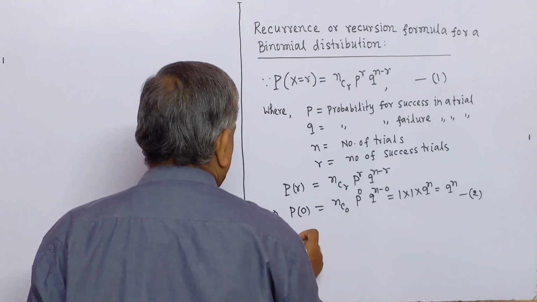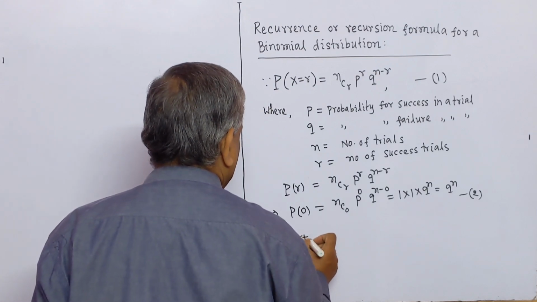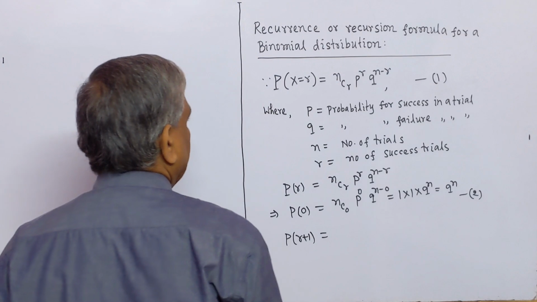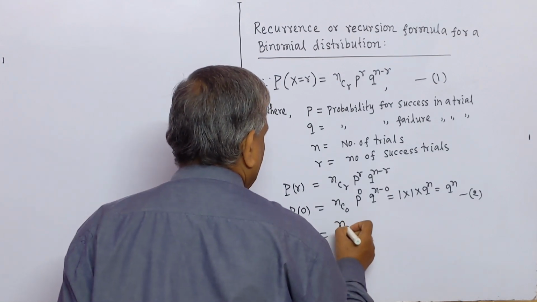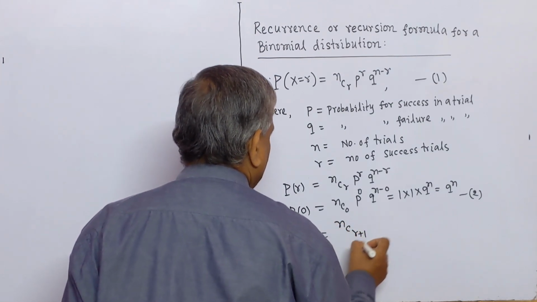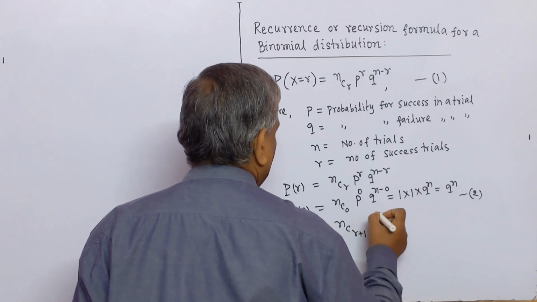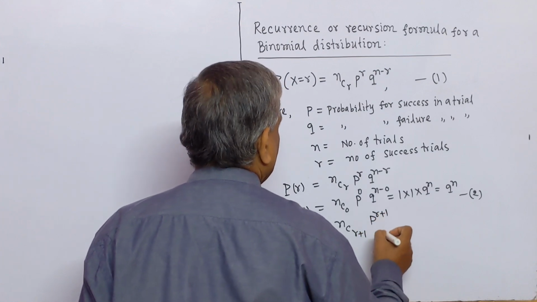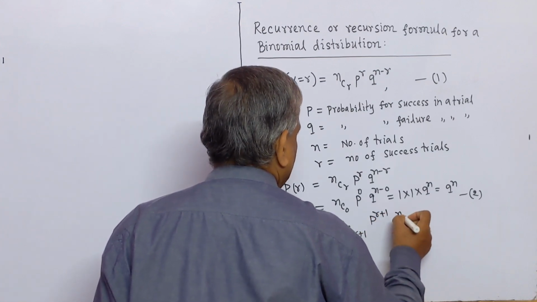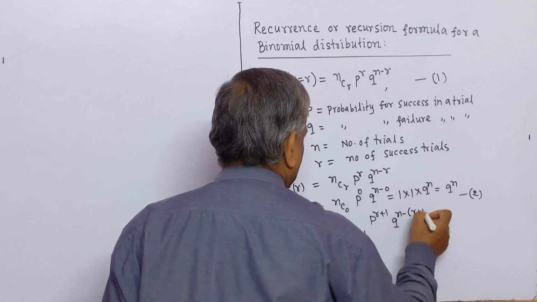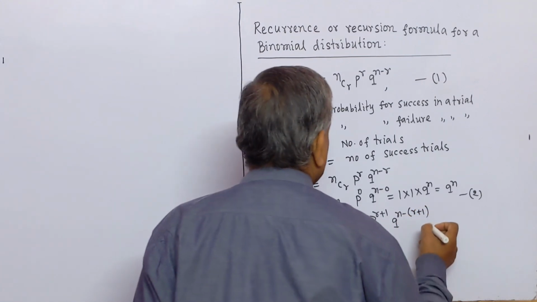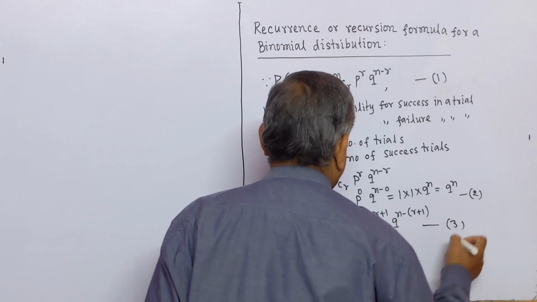Now, P(r+1) will be nC(r+1) p^(r+1) q^(n-r-1). This is number 3.